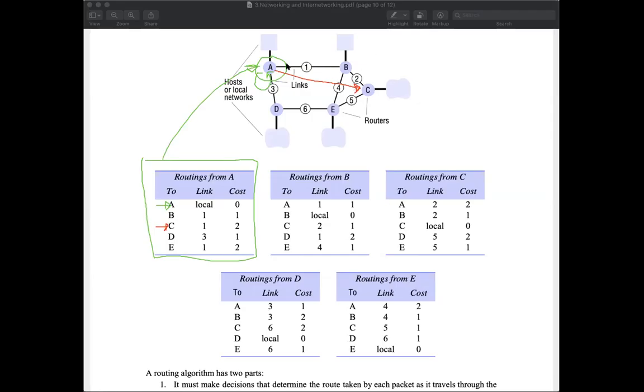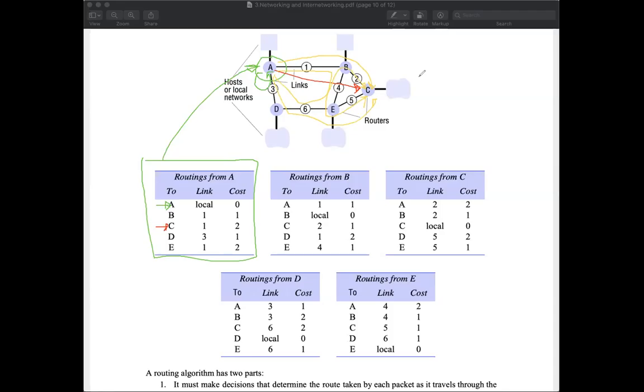For routing a packet from router A to C, that can happen through this path, or through this path, or it can happen through another. There can be multiple ways like this, right?